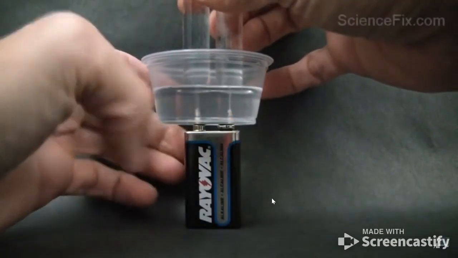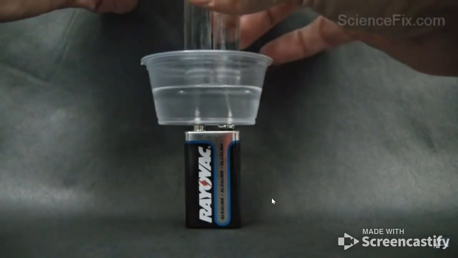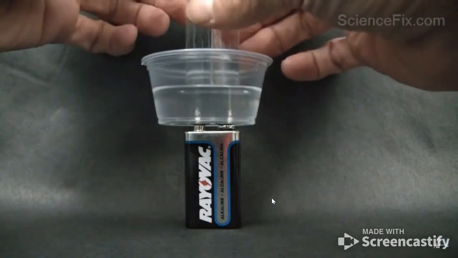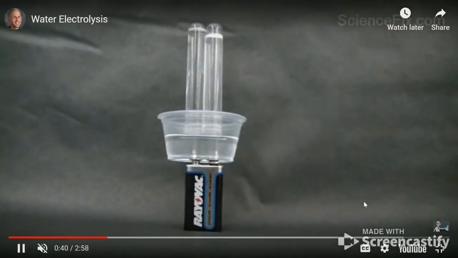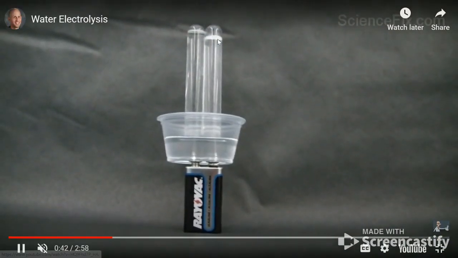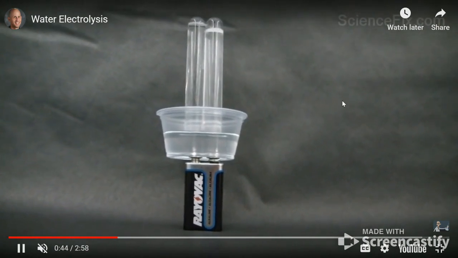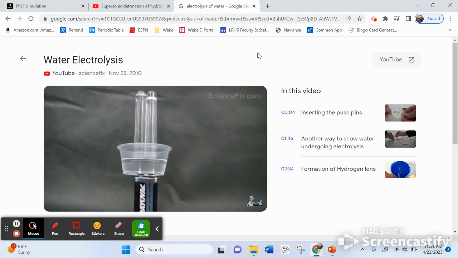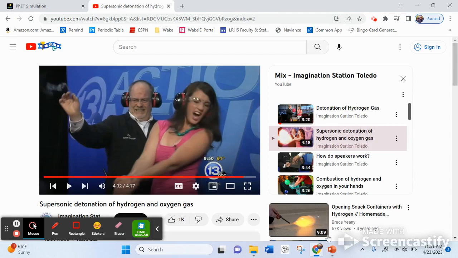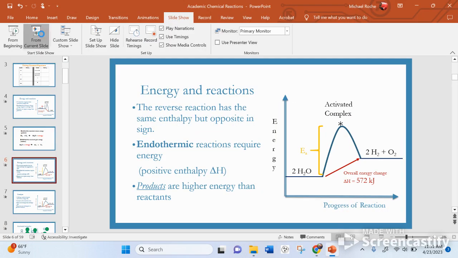And then you can see that the gas is being produced when the battery is connected to the water to make hydrogen and oxygen gas. Right, so this is the hydrogen because there's twice as much as the oxygen. All righty then, so moving on.